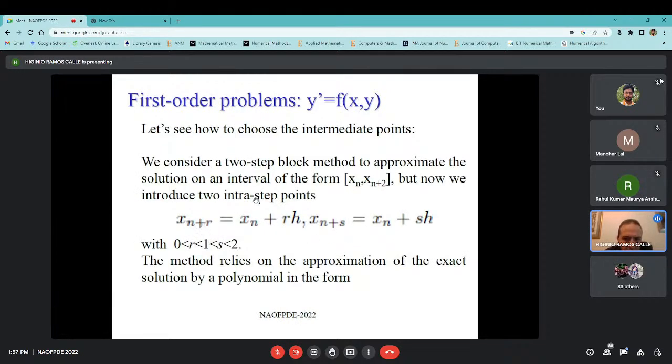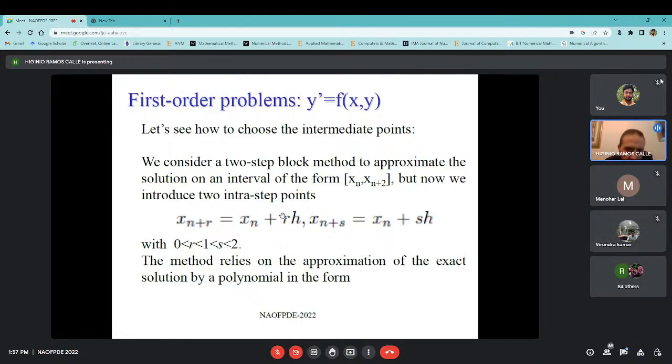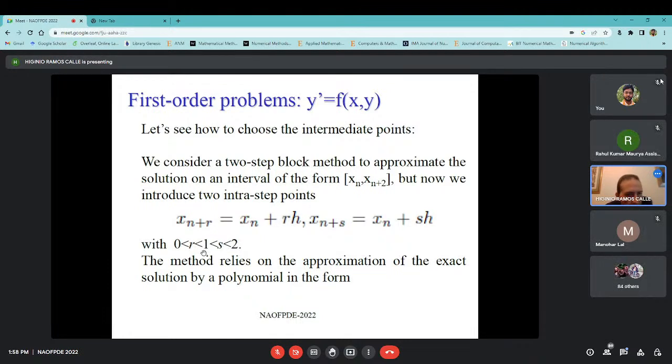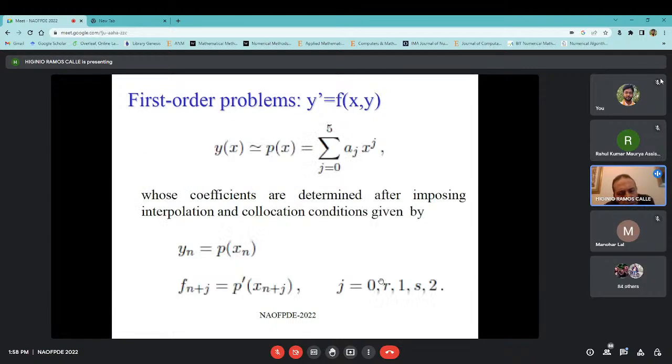So we have two intermediate points where we look for those values of the parameters r and s, which must be between 0 and 1 and between 1 and 2 respectively. If we take this polynomial approximation, we solve the system as before to obtain the coefficients.